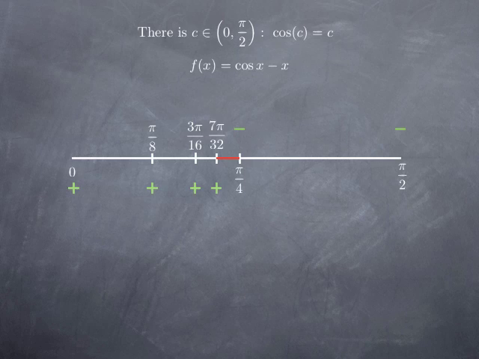Of course, we could continue iterating this to get a better accuracy, but let's take a look at what we have so far. We went from saying that there is a solution somewhere between 0 and pi over 2 to the fact that there is a solution to our equation between pi over 4 and 7 pi over 32.